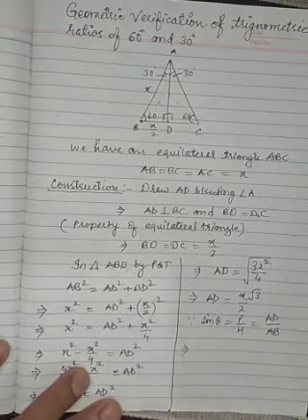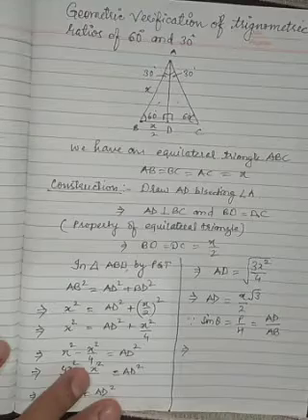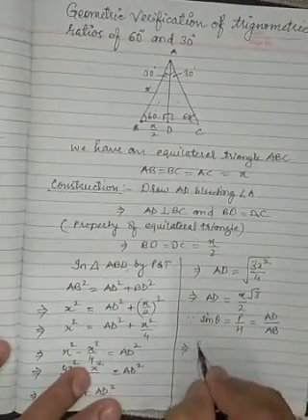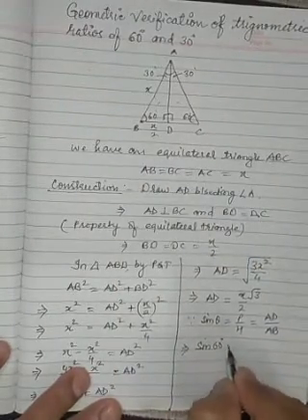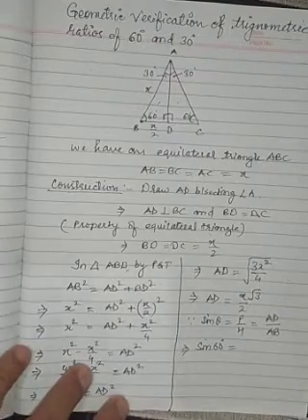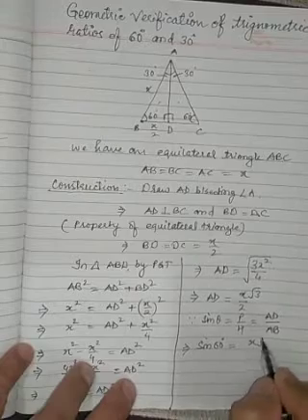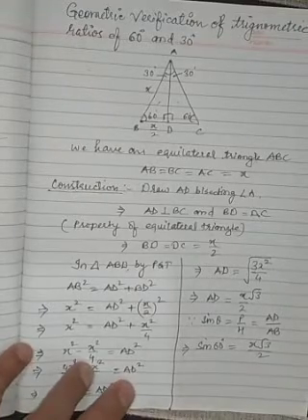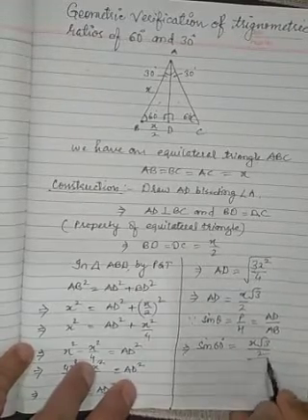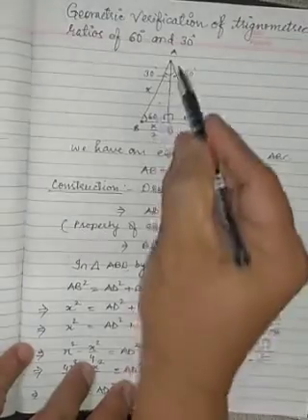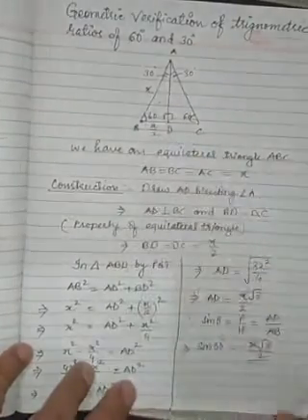Now as we are finding the ratio for theta equal to 60 degree, sine 60 degree will be equal to the length of AD, which is x under root 3 upon 2, upon the length of AB, which is equal to x.